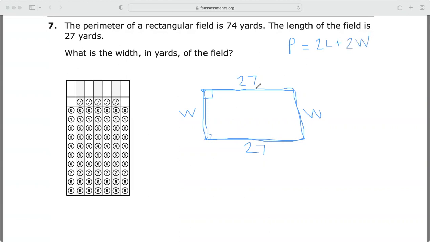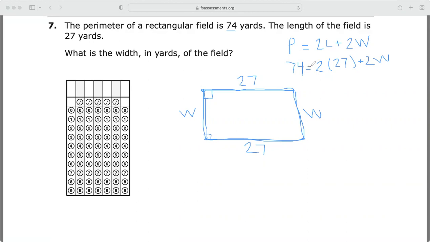So we know the length is 27, so I'm going to plug that in for length. And then we have plus 2 times the width. And we know the perimeter is 74, so I'm going to plug 74 in for P.